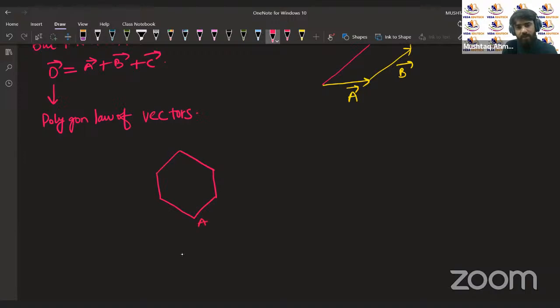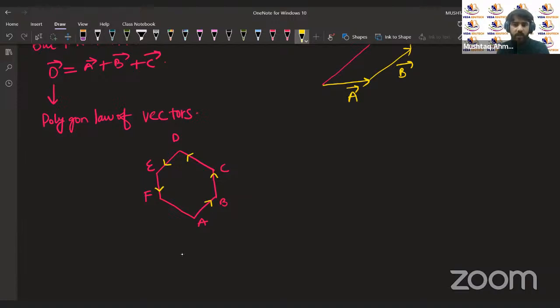Let me call this hexagon A, B, C, D, E, and F. So AB is a vector here, and BC is also a vector, and CD is also a vector, and DE is also a vector, and all these vectors are taken in the same order.